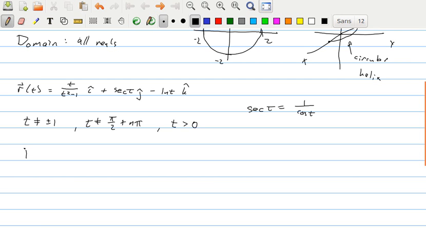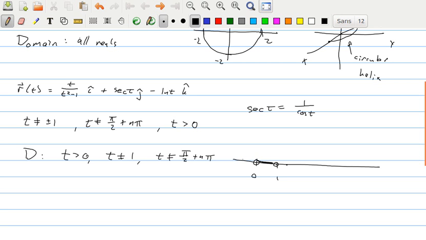So it looks like our domain, if we throw all these things together, is t greater than 0. And now since it's greater than 0, we can ignore the negative 1. So t is greater than 0, but t is not equal to 1, or pi over 2 plus n pi. If we were to sketch out the domain, we're starting out at 0. Now 0 we're not including, so we'll have an open circle at 0, and an open circle at 1, but we're going to fill in everything in the middle.